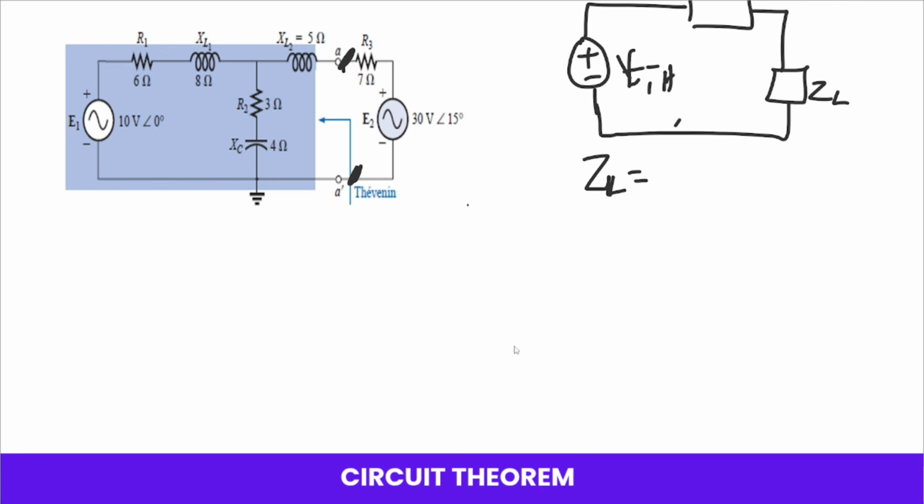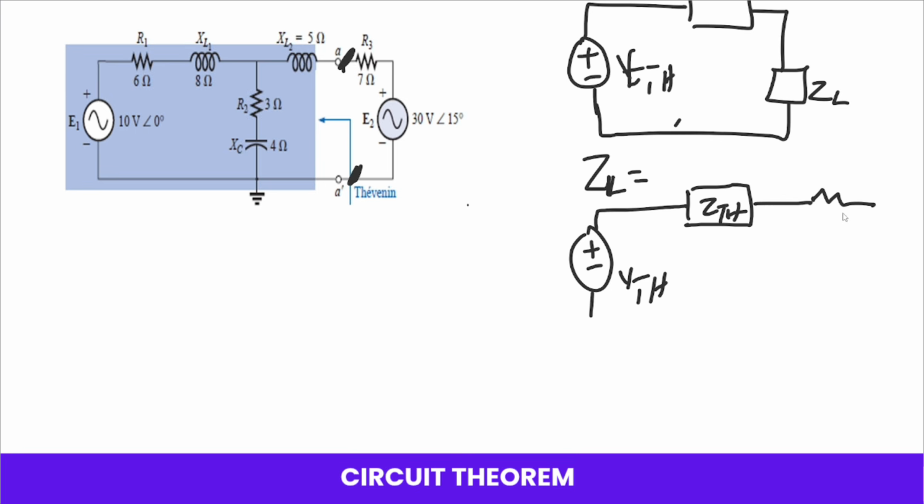So if we are to draw this circuit for the equivalent, it's going to be like this. Positive, minus, and we'll have our VTH, and then we have ZTH in series with it. Then we'll have what we are taking off, that's the load.